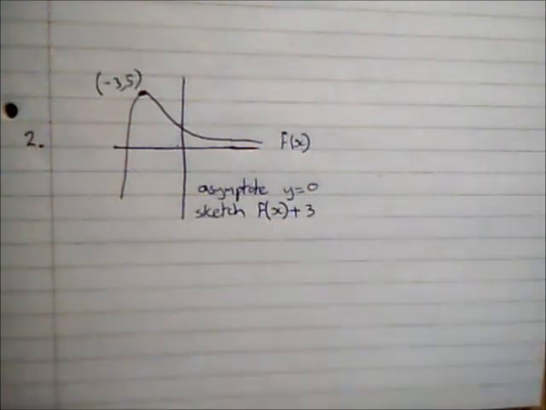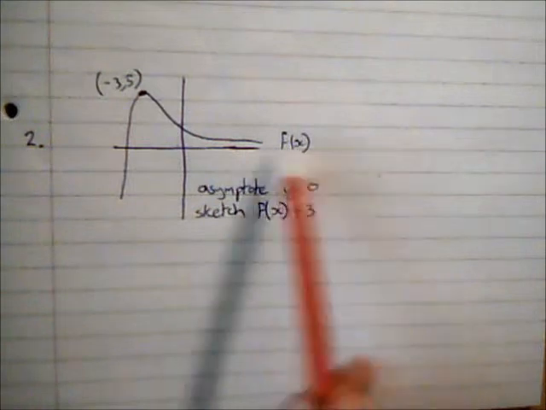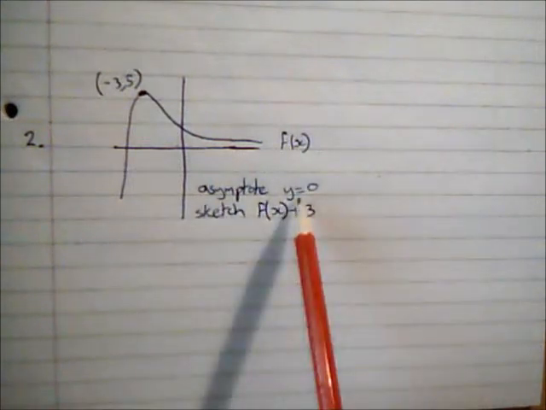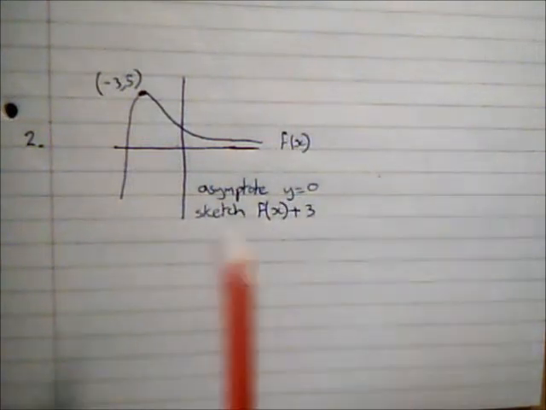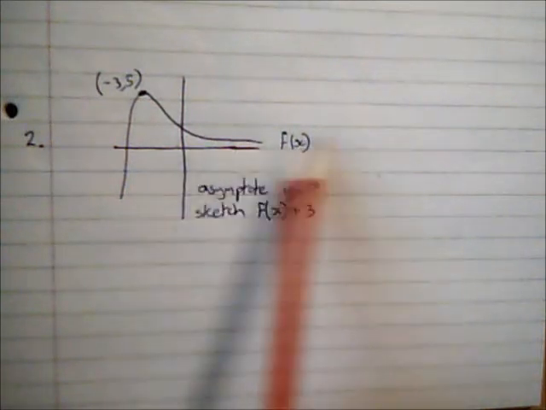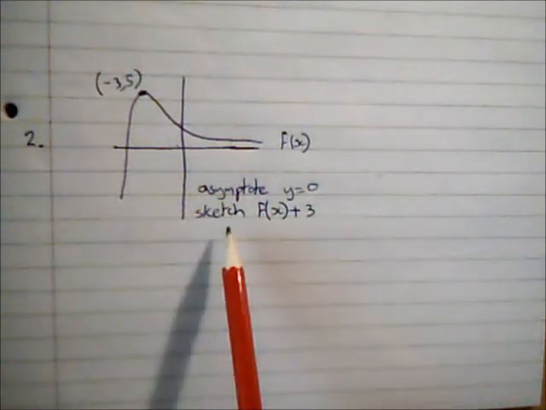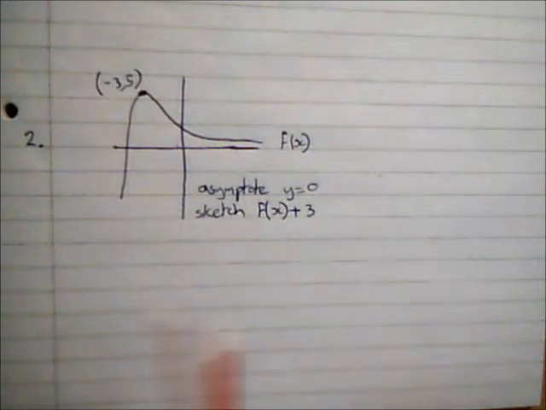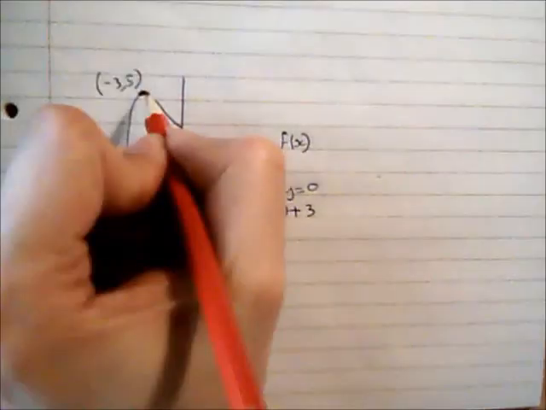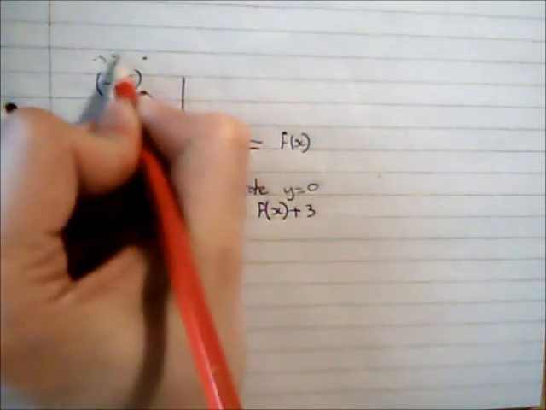So the second function, again this is labelled as y equals f(x). We're told there's an asymptote at y equals 0, so that means that this part of it will just extend forever and not actually reach the axis, and we want to sketch f(x) plus 3. So the whole function is going to shift 3 up. So (-3, 5) will shift up to (-3, 8).